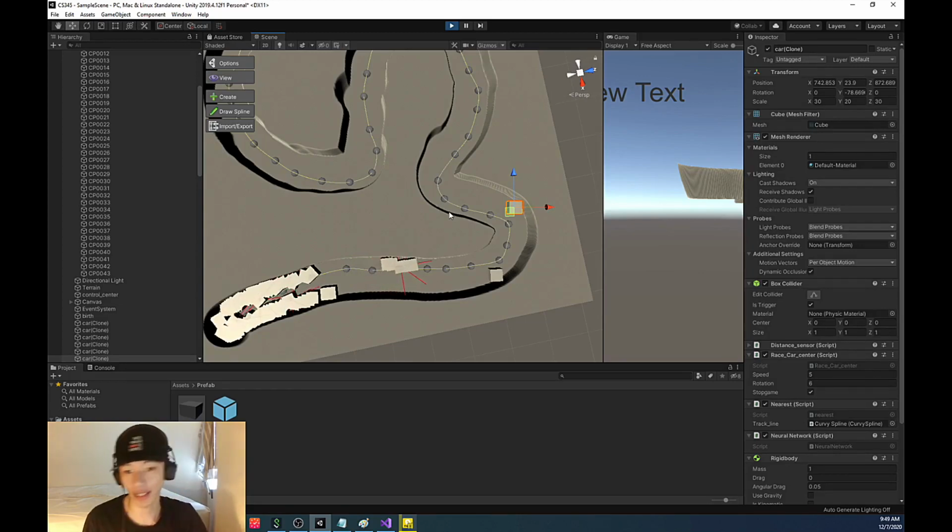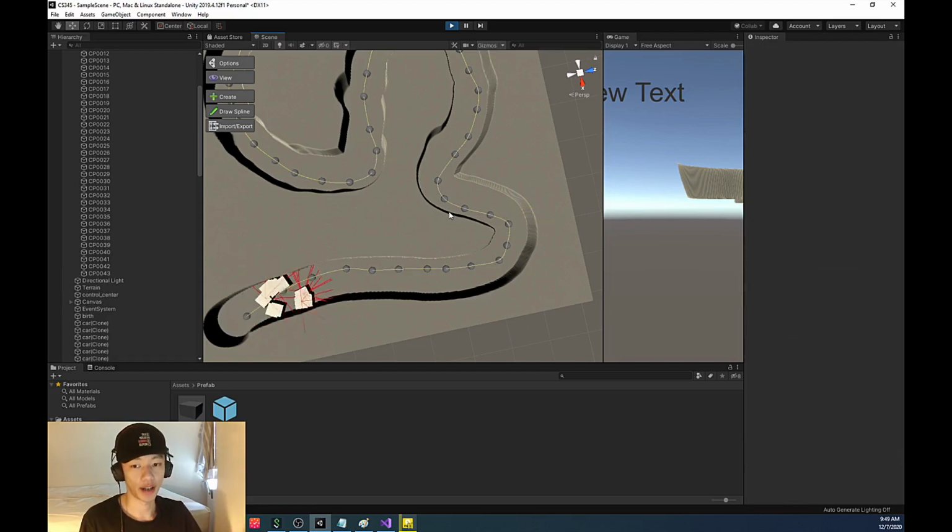In the second training we inherit all the neural network information from this car, and I also set a rule that all the cars have an 8% chance of changing their neural network information, for example the weights and the bias.